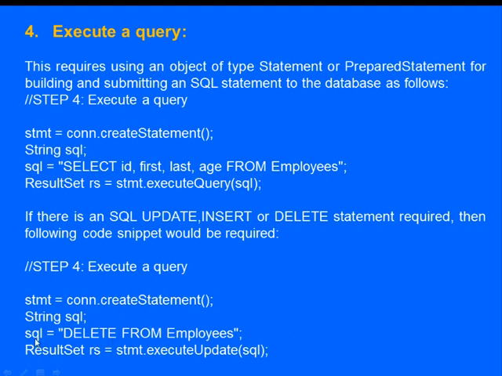To execute the delete statement, the syntax would be stmt.executeUpdate(sql). Because we are making some changes to the database, instead of stmt.executeQuery we have to use stmt.executeUpdate, and after execution it would make some modification in the given table.